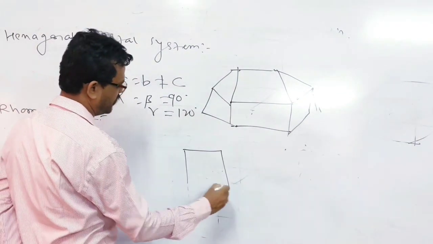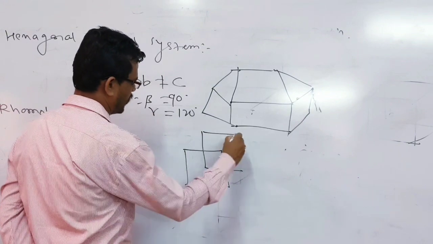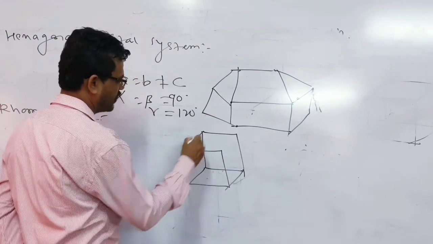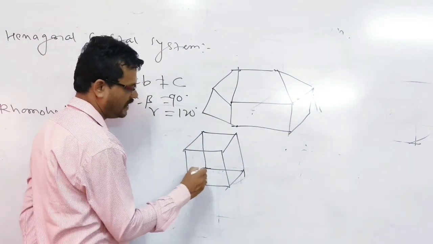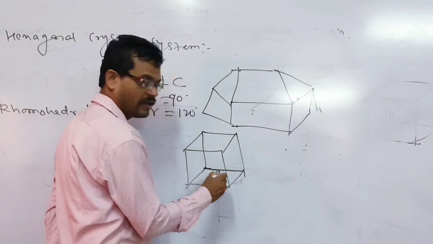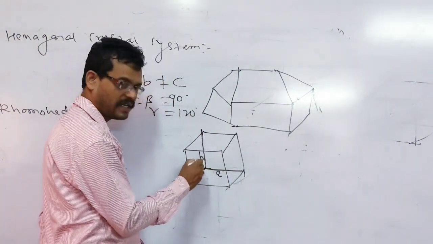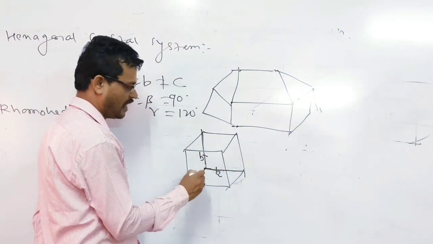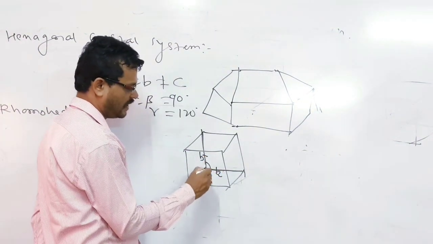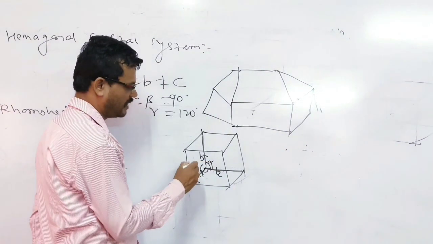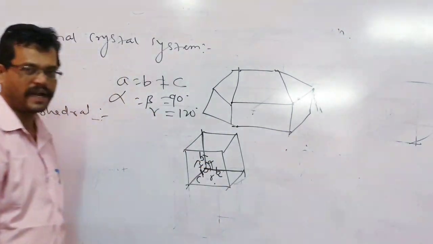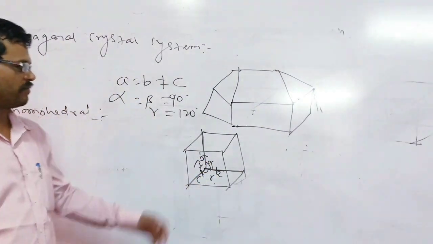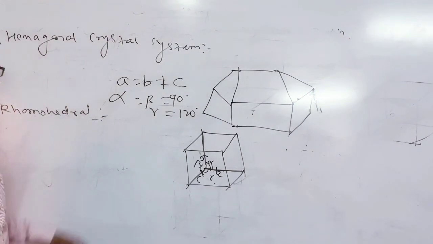If you take A, B, C, you can observe that these three lengths, that is length A, height B and breadth C, are the same, and the angles alpha, beta, gamma are not 90 degrees.